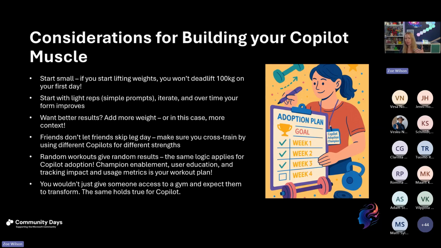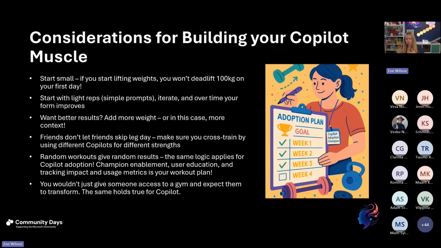So start with light reps or simple prompts, iterate, build over time as you become more confident, as you start to understand how to build a strong prompt, how to add the right context in. And if you want better results, then like you would in the gym, add more weight, or in this case, start to add more of that context.